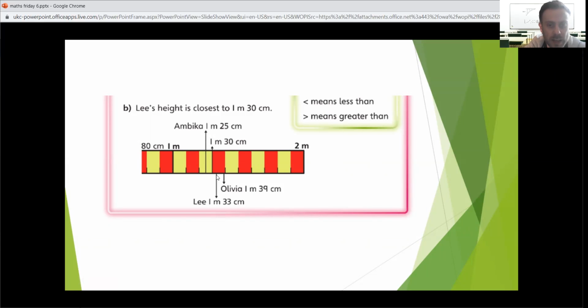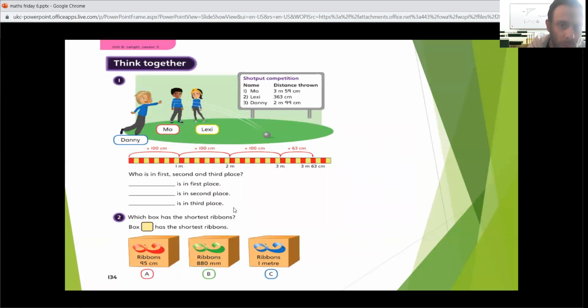So if we count back from 33 to 30, that's only 3 centimeters. And then Olivia was 1 meter 39. So if we count back, that's 9 centimeters back to 1 meter 30. So the closest person was Lee, because he was only 3 centimeters away. There you go. Dead easy, that one. Hopefully we all got that.